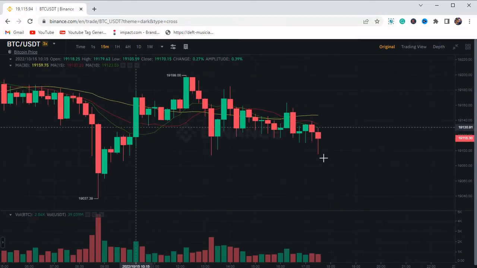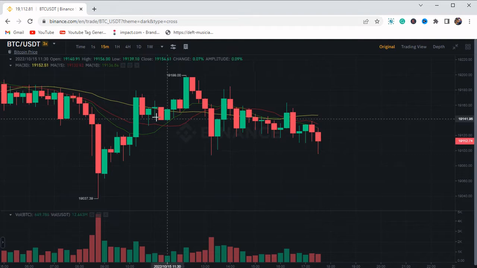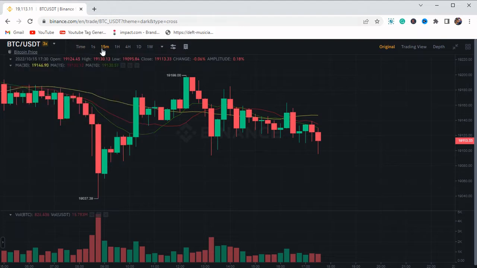When this candlestick starts and it ends, that means 15 minutes. So always make sure that the timer here is 15 minutes. You can see just opposite of the BTC/USDT here, you can see 15 minutes.